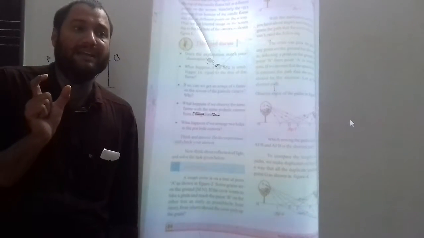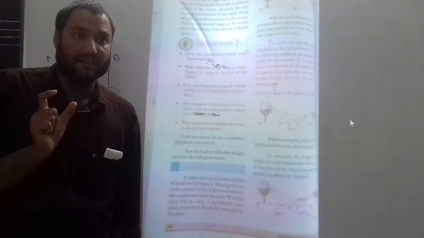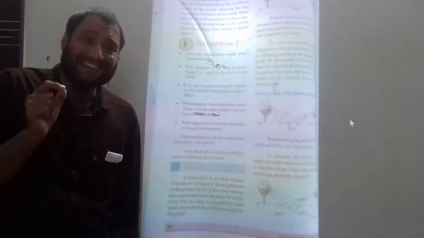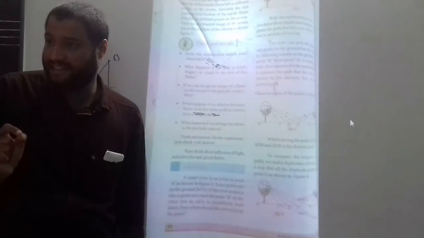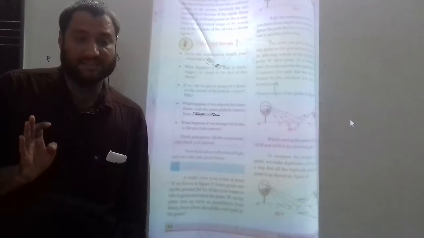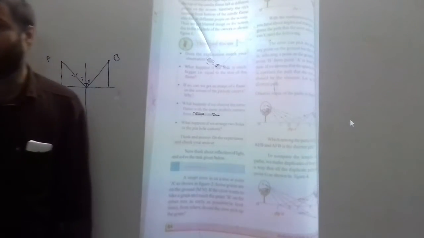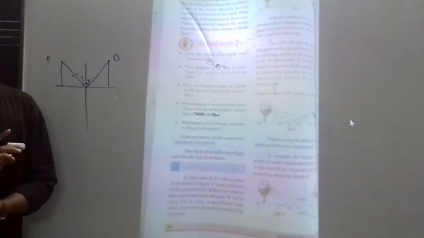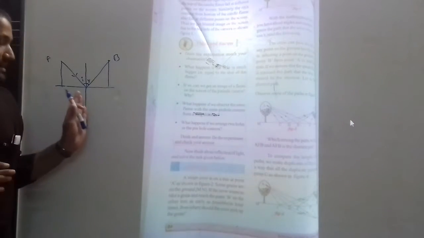Clear? Or the light takes the path which takes very less time. This is a statement given by Fermat, and this principle we follow. Light always takes the path which takes the least time. Clear with this one?